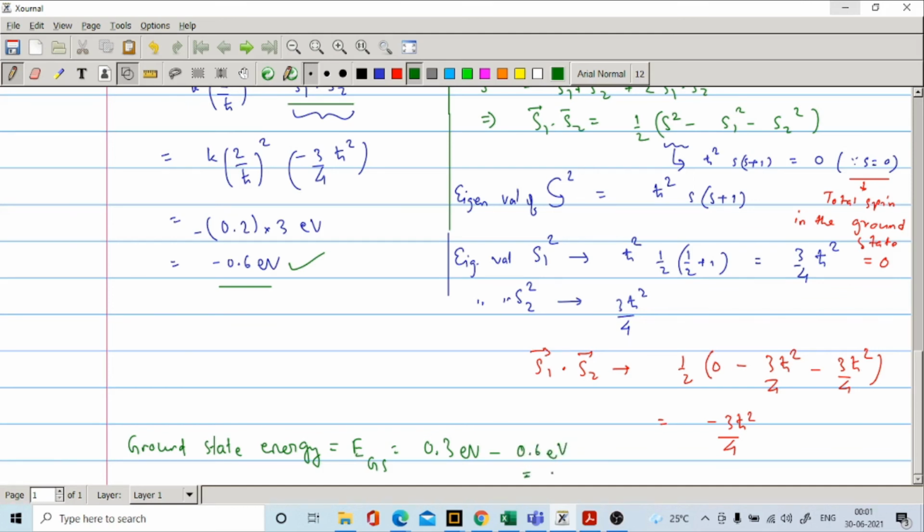So this is nothing but minus 0.3 electron volt. The ground state energy is minus 0.3 electron volt.